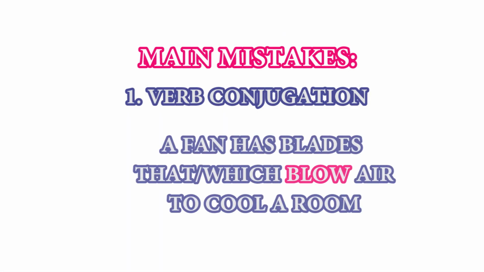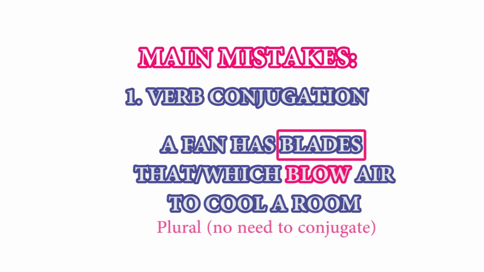Remember, when it is singular, you have to conjugate in present for third person. Now look, a fan has blades that or which blow air to cool a room. In this case, it is not singular, it is plural because we have blades. So in this case, we do not need to conjugate the verb.